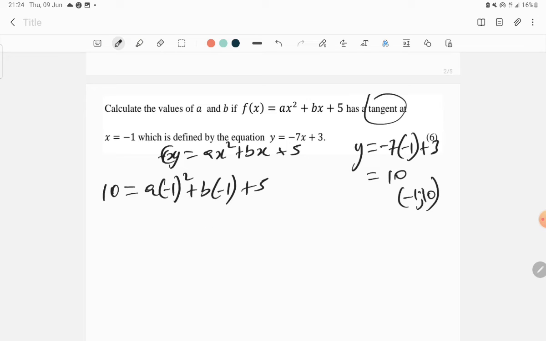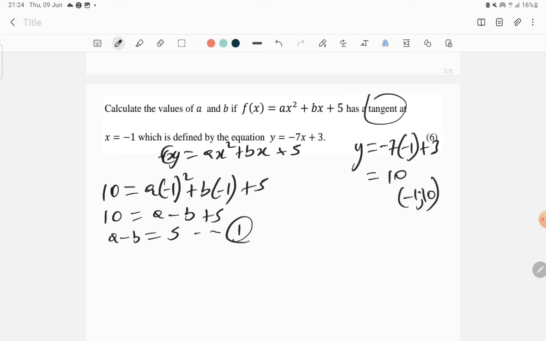After having this, you can see that it can be simplified to just a minus b plus 5. That makes a minus b equal to 5. So we can call this equation 1.